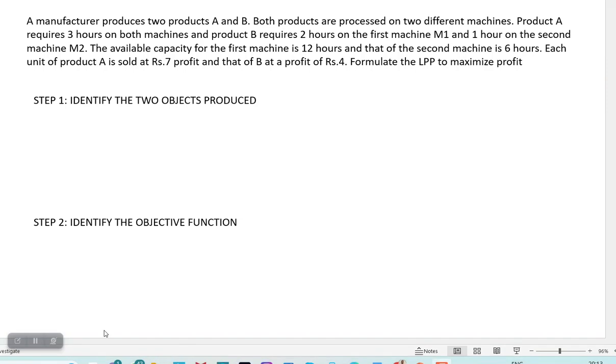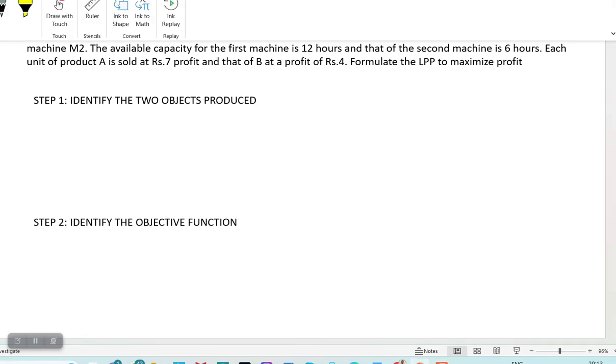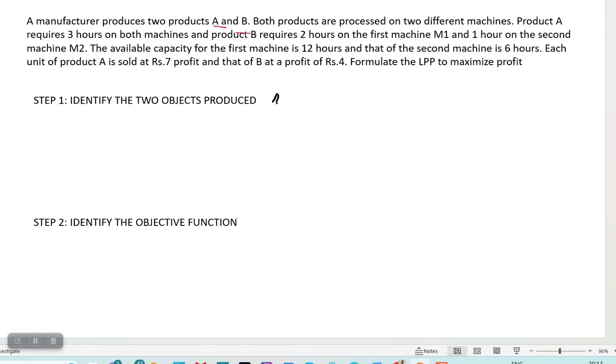So the first step to solve such a problem is to identify the two objects that are being produced. Clearly in the problem, it is mentioned a manufacturer produces two products A and B. So A and B are the two objects that are being produced.